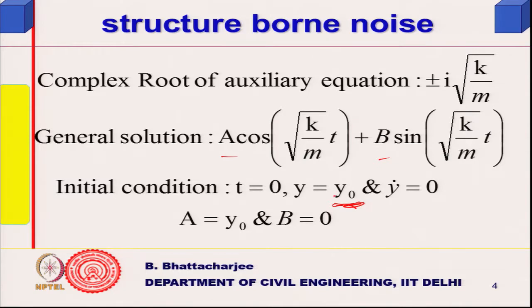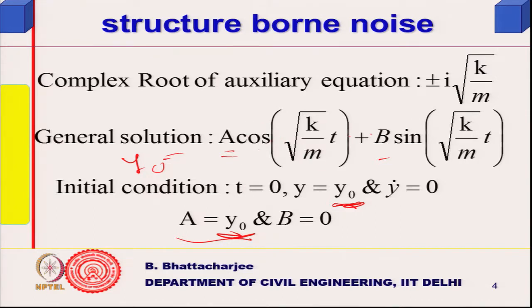If I solve this and put t equals 0 here, this term becomes 1, since cos 0 equals 1, and the sine term is 0. So, y equals y 0, therefore a equals y 0. If I differentiate it, I get y dot.